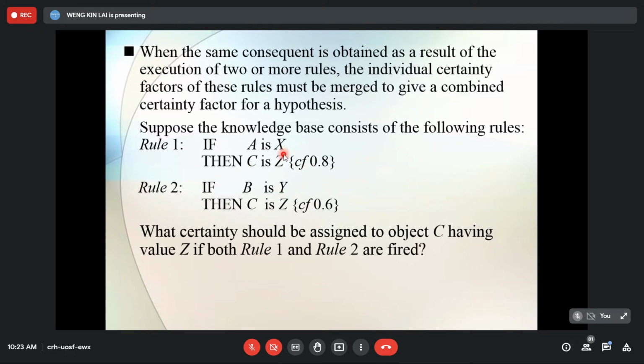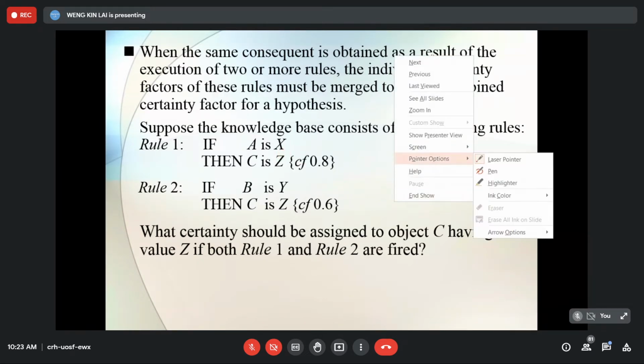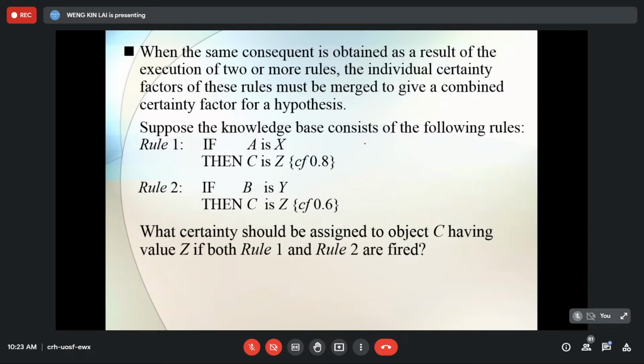Assuming that both of these are fired, that means that you still see A is X, and you still see B is Y. You can see here A is X, and then you have your B is Y. And both of these contribute towards C is Z.